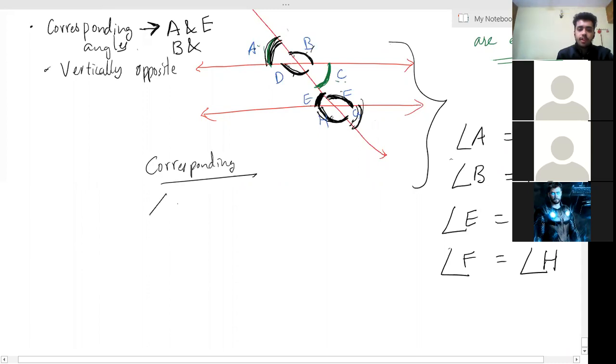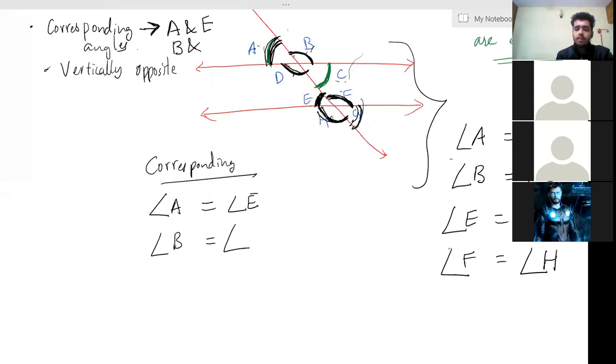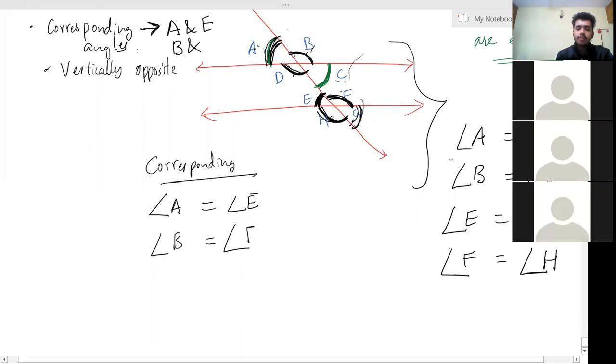So the first one was angle A is equal to angle E, which are corresponding. Next, angle B, and what is the corresponding angle of angle B? Angle F. Yes, angle B and angle F are corresponding.